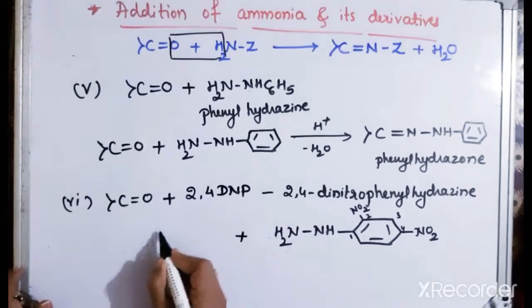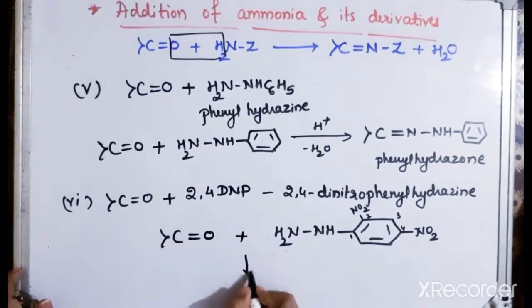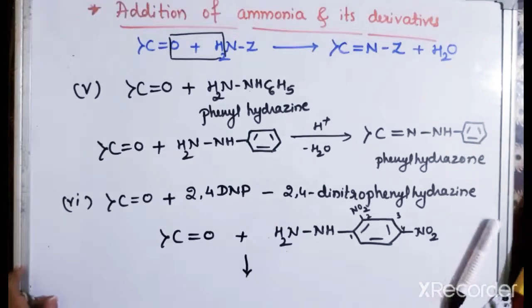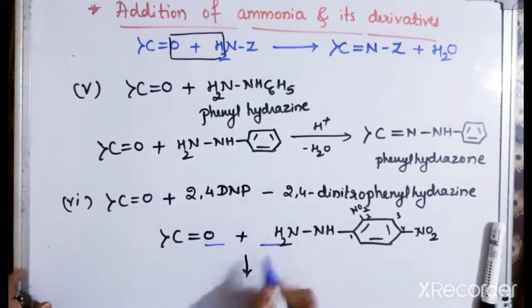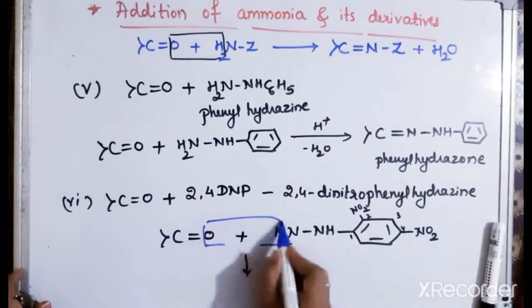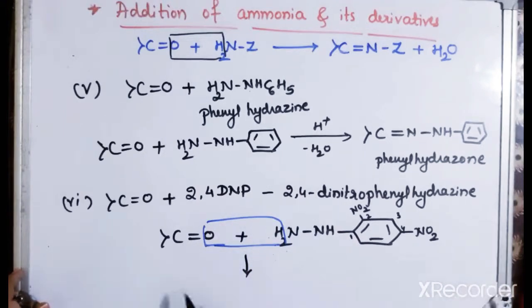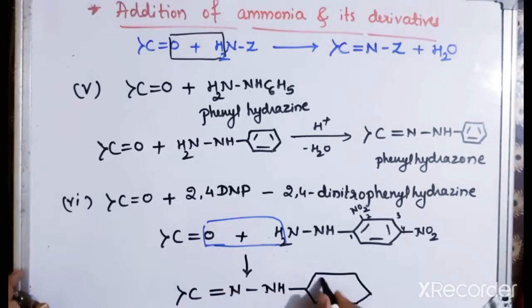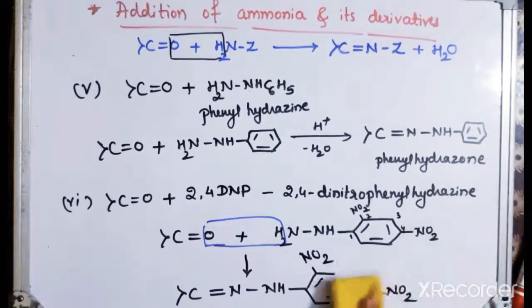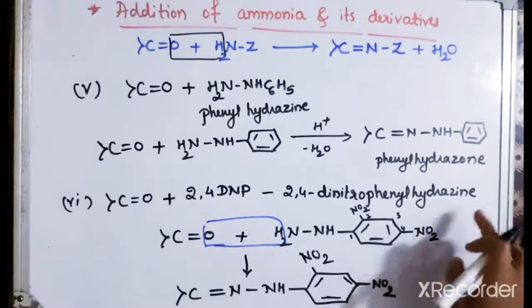When it is treated with aldehydes and ketones, what are you getting? There is a loss of a water molecule, as I said. It undergoes dehydration, so H2O is eliminated. There is a formation of the compound with C double bond N, NH, and you get the remaining groups as they are.